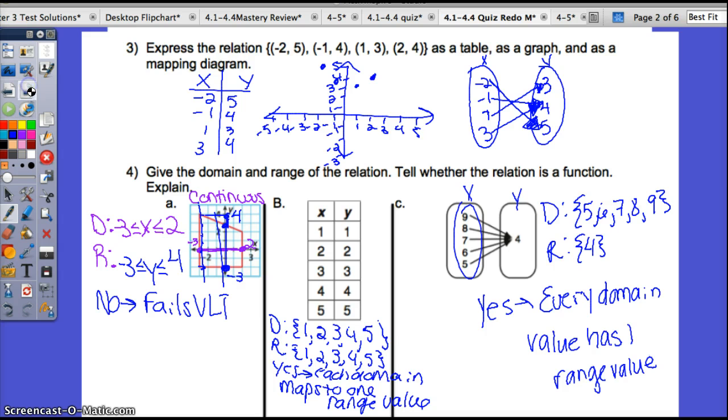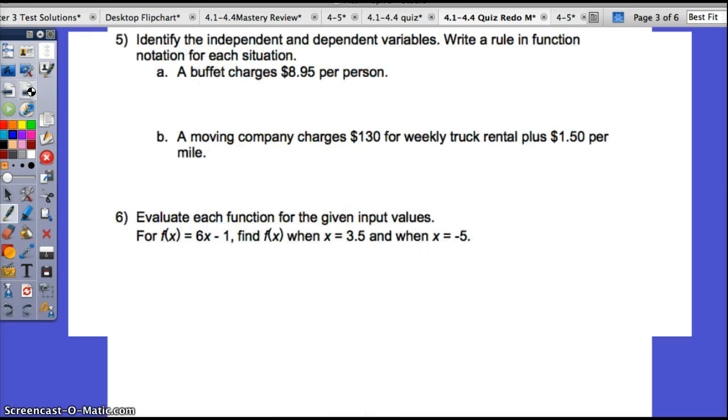All right, to the back. Number 5, identify the independent and dependent variables and write a rule and function notation. A buffet charges $8.95 per person. So since the number of people and the total charge are your two things, the total charge depends on the number of people.